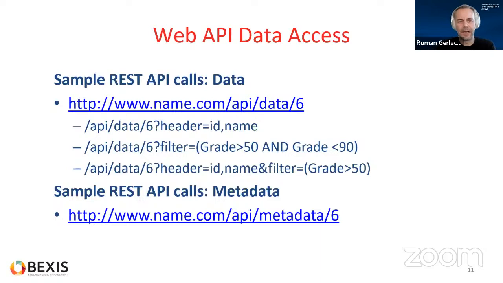Looking at the API data access, it's a very simple REST API call. So you have your domain name, and then you specify a certain ID of a data set, and you can then apply a filter if you want to.